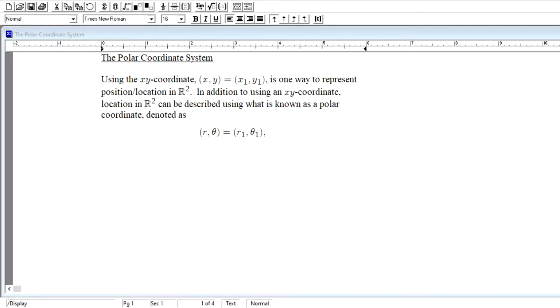Right? We, by now in our calculus and algebraic study, should be quite familiar with the XY coordinate system. And that is a coordinate system where we represent location in our coordinate space by the XY coordinate given by, in this example, x1 comma y1, where x represents some sort of displacement that happens along the horizontal axis, and y equal to y1 describes some sort of displacement that happens along the vertical axis.